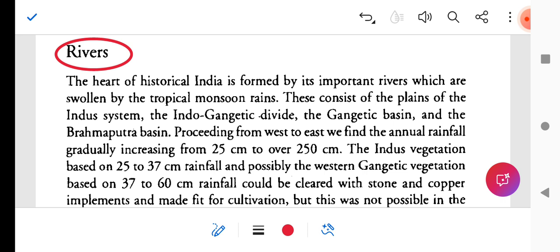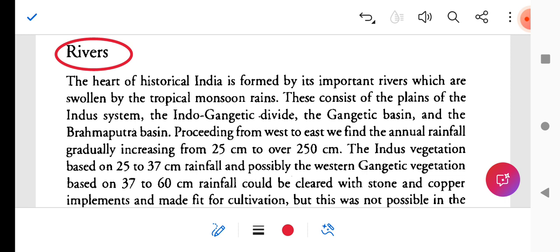Rivers are the most important component of geography, because rivers decide the agricultural system and the population of the country. Where the population inhabits, there is agriculture, and the trade system also flourishes on the banks of the rivers.